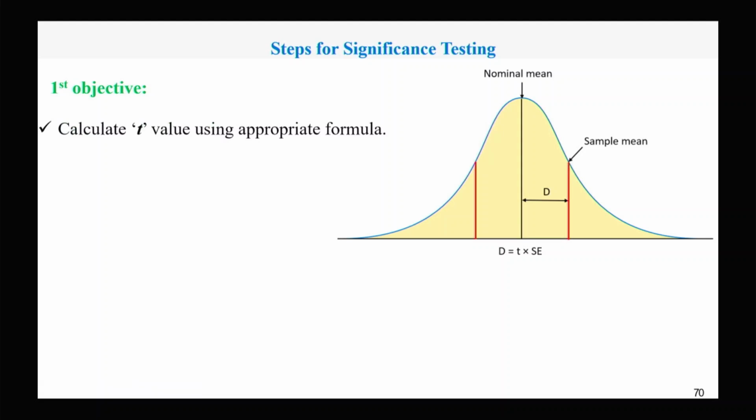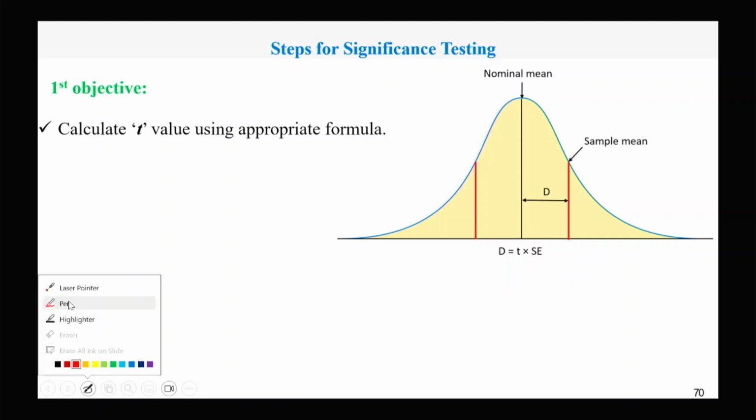The significance means that our basic target data is this target value, and we are achieving this value. We have to judge whether the difference D is a real difference or not, and this is called the test of significance.